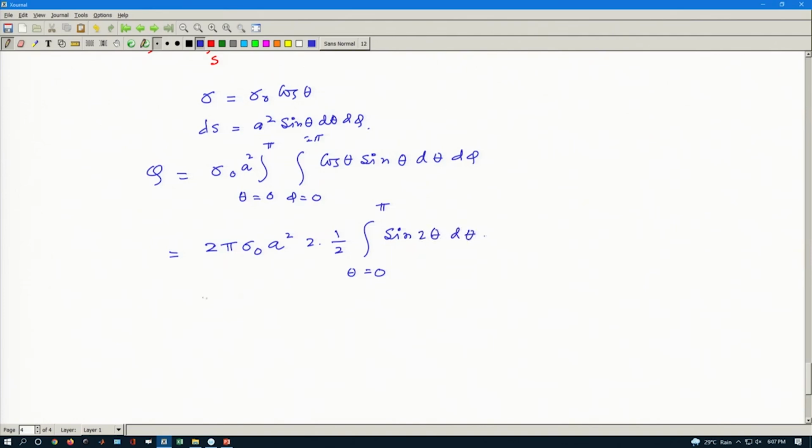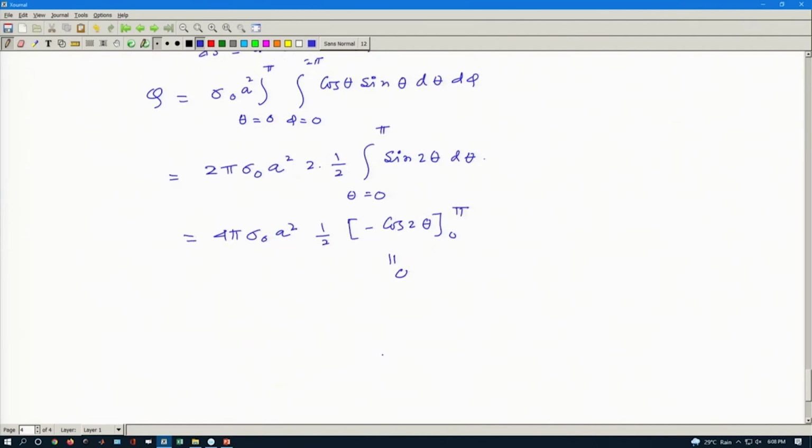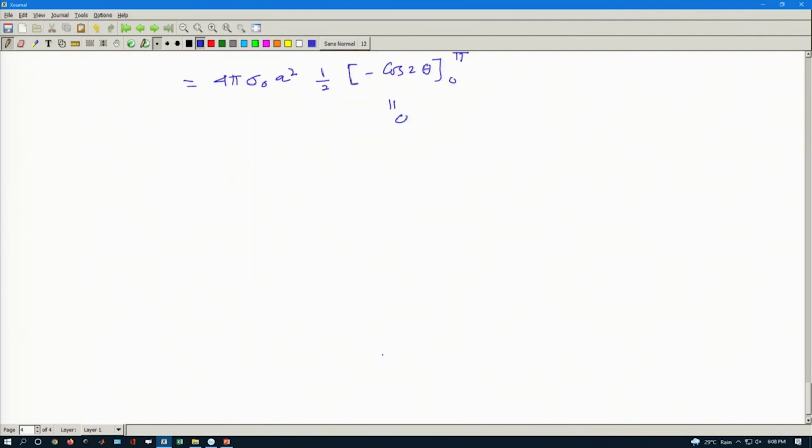This is 4 pi sigma 0 a square, and the rest of the term is half, and if I do the integration it is minus cos of 2 theta over 0 to pi, and we know that this integration is simply 0.